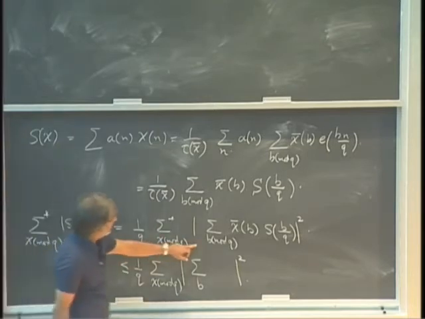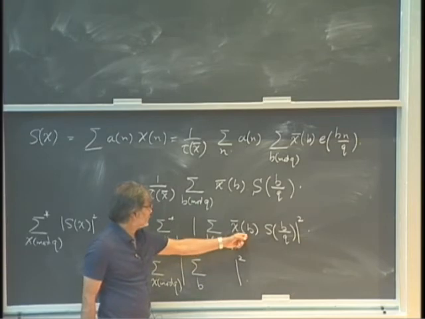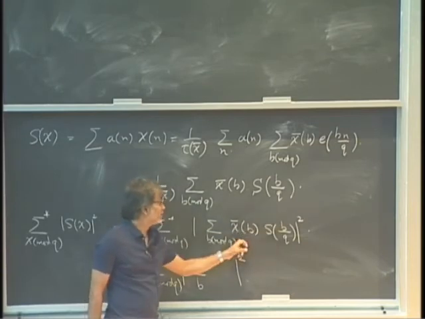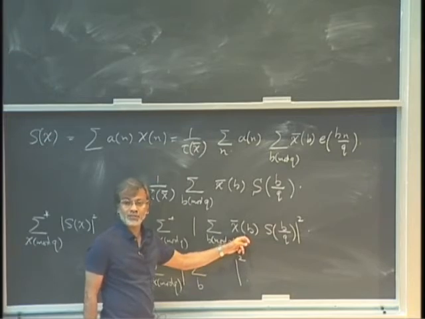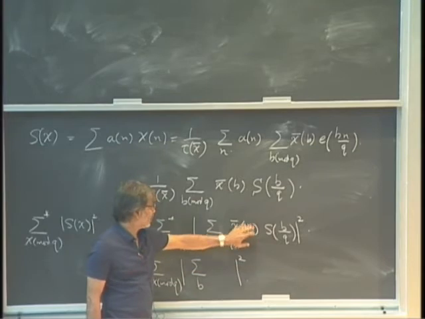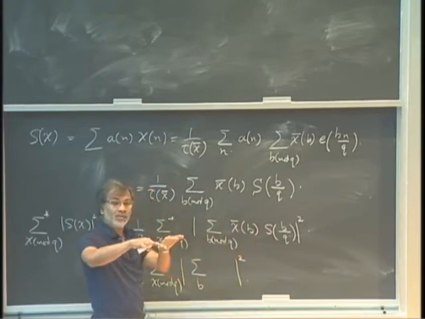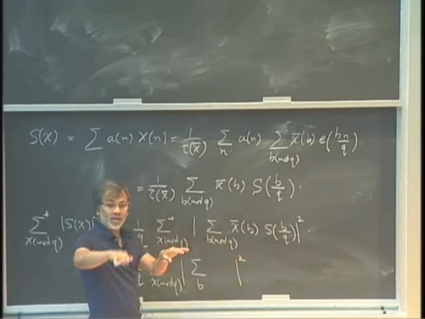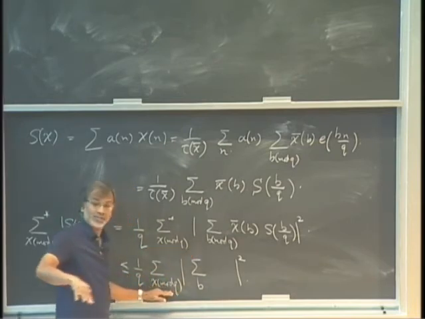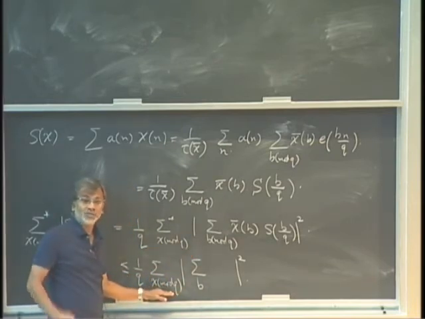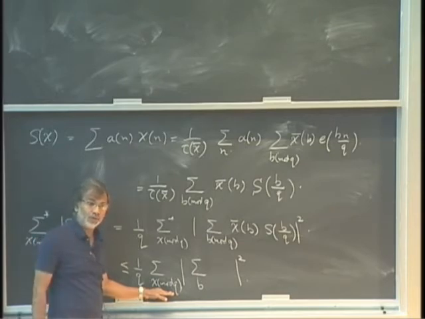But now if I have a sum over all characters chi mod q of this sum, some guys twisted by the character value at b, I can use the orthogonality relations for all characters mod q. Okay? If I expand this out, I'll have two terms, chi of b1, chi bar of b2, summed over all the characters mod q, and the only thing that will survive is when b1 equals b2 mod q.